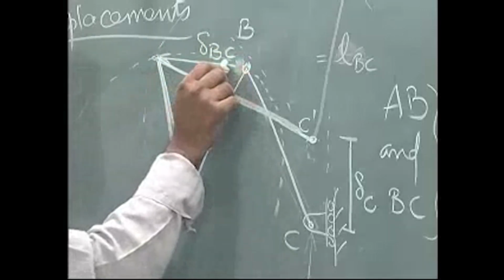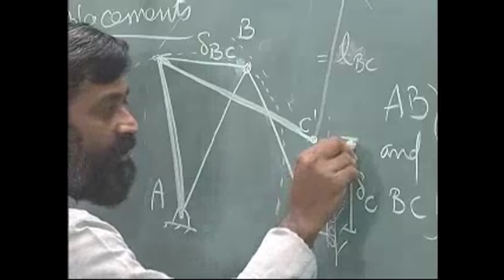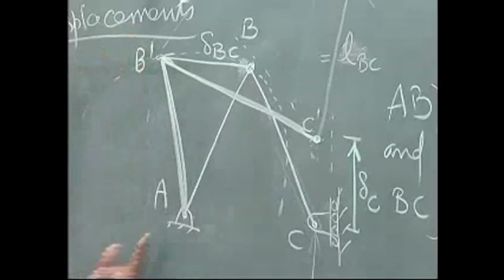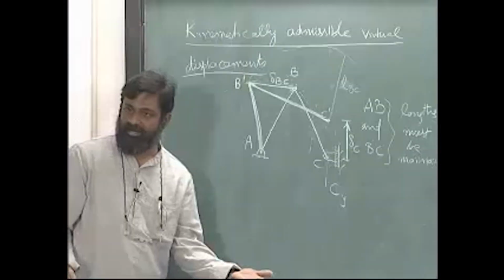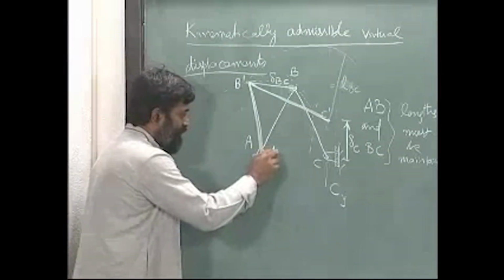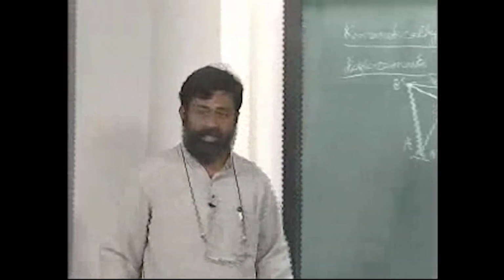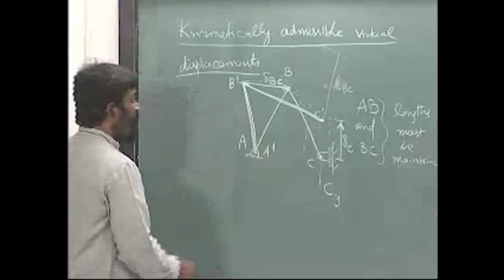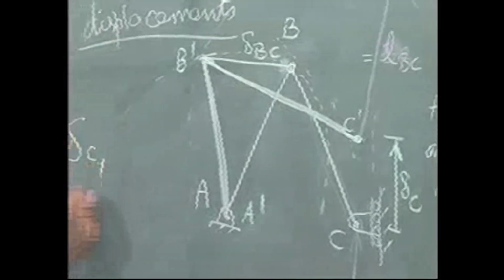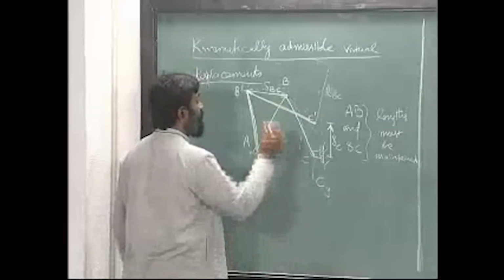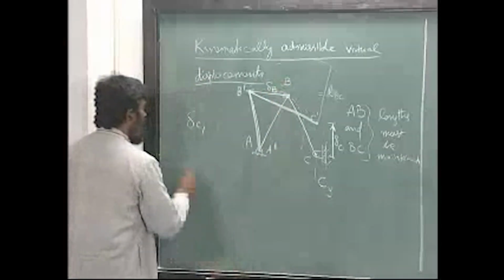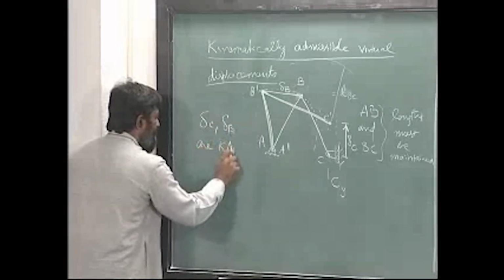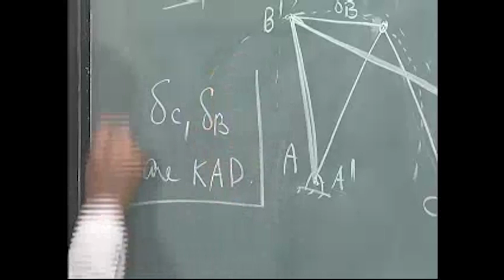So, let me just use the direction also. From C it has gone to C prime, this is B prime. How about A? A is a pinned support, so it remains here, A prime. Is this clear? If I do this, what I get as delta C, and this should be delta B, I am sorry, and delta B are kinematically admissible displacements.